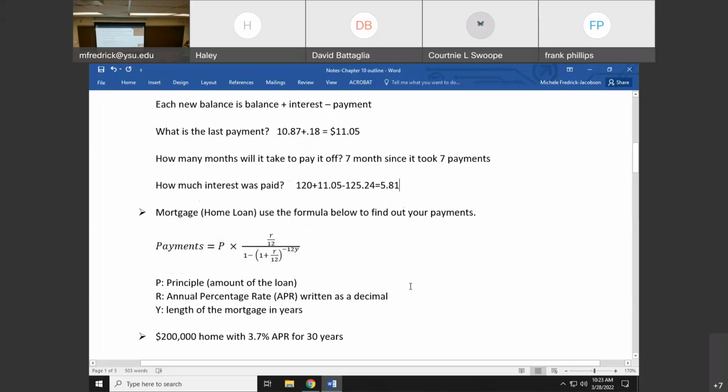R is the annual percentage rate, because notice this is monthly, so they're dividing it by 12 to make it periodic. So R is an annual percentage rate written as a decimal. Y is the number of years. Most home loans are either 30 or 15. I'm sure you can find other ones, but most are 30 and 15.